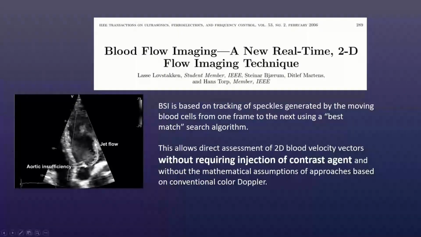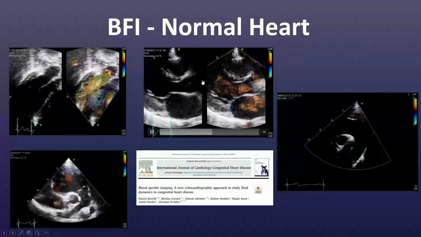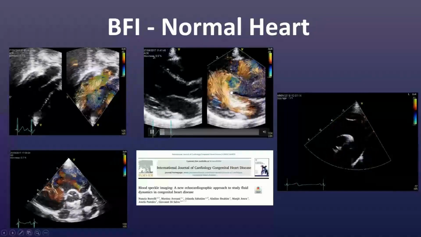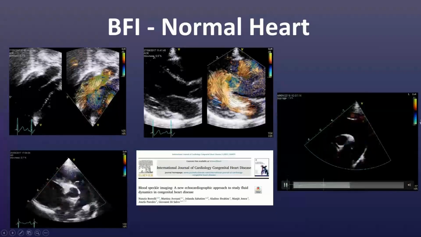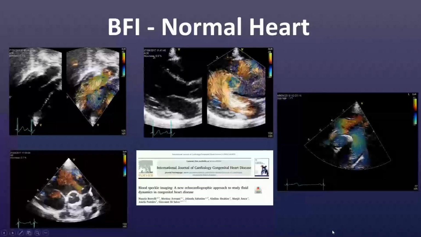And our group used this technique in different congenital heart diseases. Here you can see the vortex formation just between the anterior mitral valve leaflet and the LVOT. And this can be applied not only to the left ventricle, but also to the right ventricle, or to assess the aortic arch. Many examples demonstrated the presence of bicuspid aortic valve, and how the flow can change in a significant way.